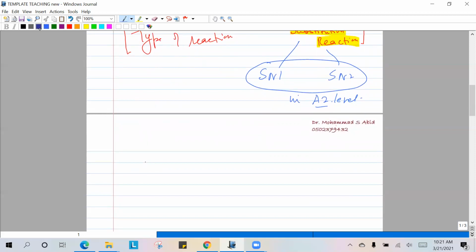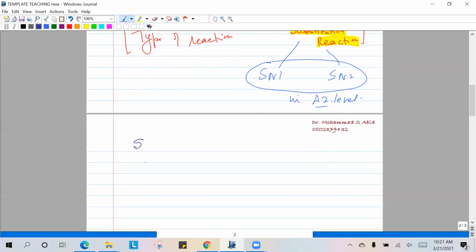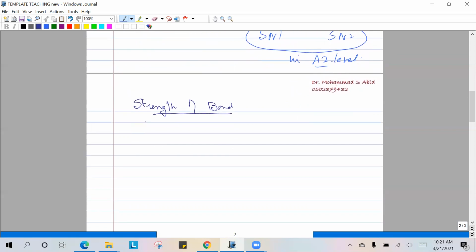The second thing we should know before we move on to the reactions is the relation of the bond strength, that is, the strength of the bond. Now if you look at the strength of bond, you have a carbon-fluorine bond. Remember, we are looking at this bond because this is the bond that is going to be broken, carbon and the halogen.